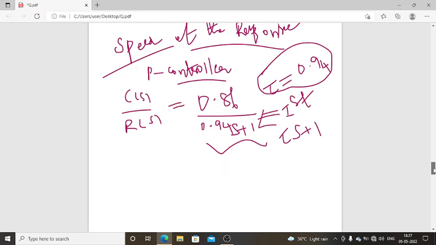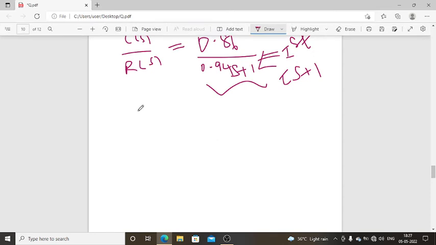What is the PI controller? For the PI controller also we already have the C of s by R of s expression. That expression comes under the second order control system.